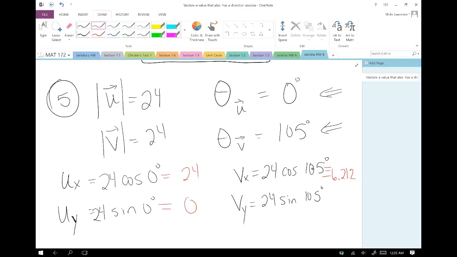So that's why the x component is coming out negative. These components are just like coordinates on your graph. They're just like ordered pairs. So 24 sine of 105, I've got 23.182.